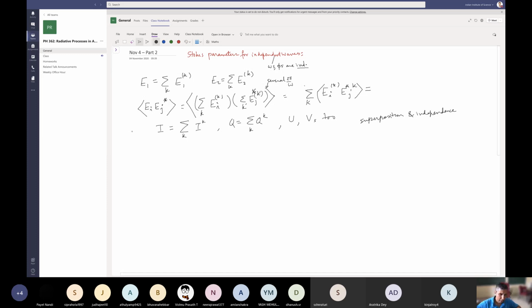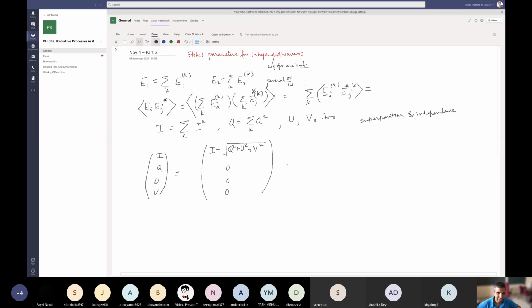Okay, we can also do one thing. I, Q, U, V are the Stokes parameters. We can make a column vector of these and write it as I minus the square root of Q squared plus U squared plus V squared, 0, 0, 0.